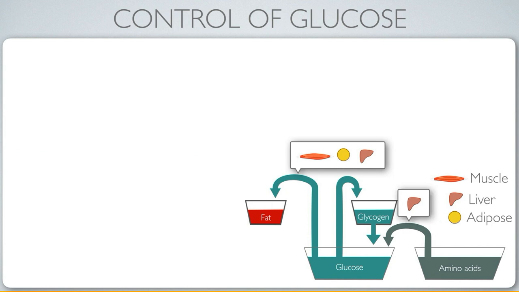Glucose is stored as glycogen in the liver and in the skeletal muscle. So these pathways represent efferent actions for a control system. The goal here is to deliver a certain concentration of glucose in the bloodstream.